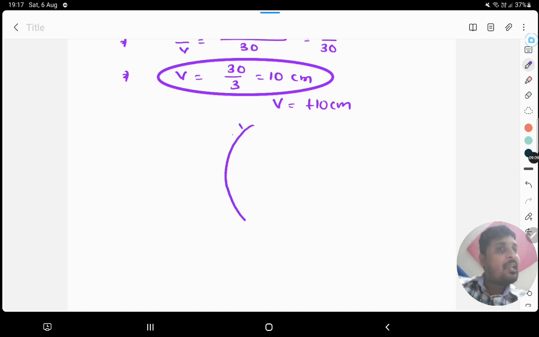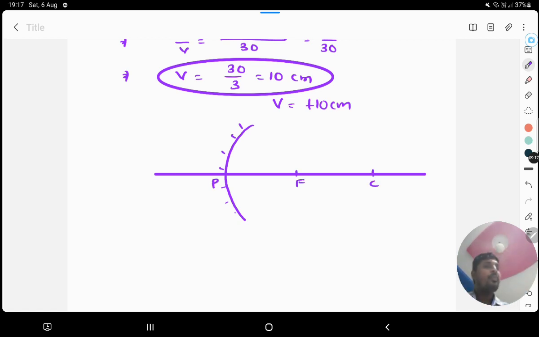Now this is a concave mirror. This is our principal axis P, F and C. Now see, this is our object. So we place the object here and obviously the image is going to be formed beyond C. Now this is our image.